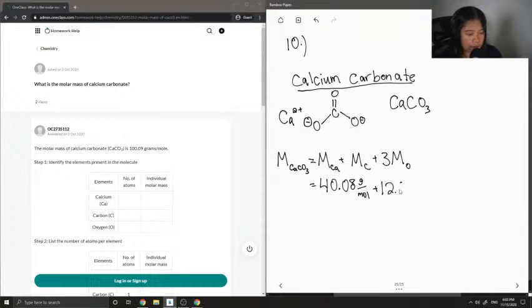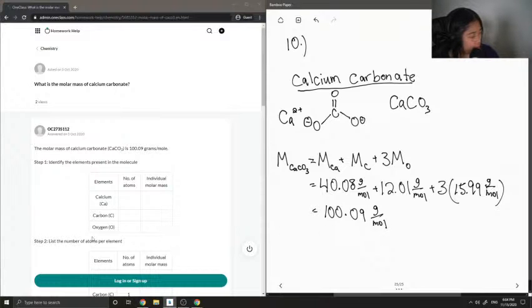Molar mass of carbon is 12.01 grams per mole. And lastly, the molar mass of oxygen is around 15.99 grams per mole. If we add all these values up, we end up with a total molar mass of 100.09 grams per mole.